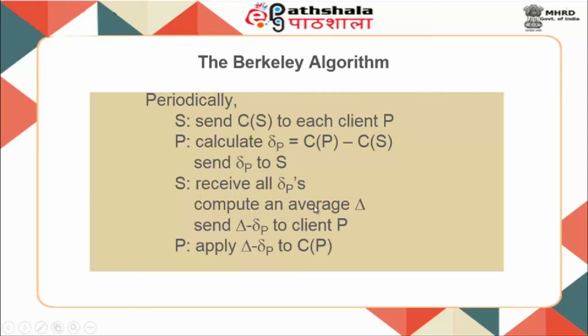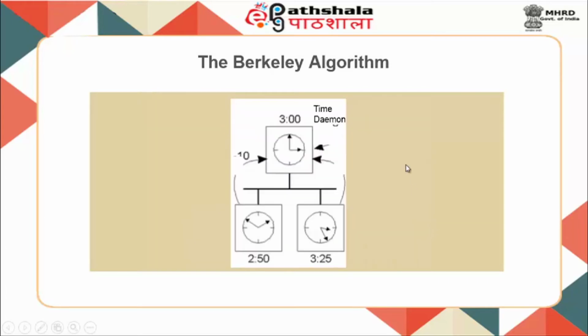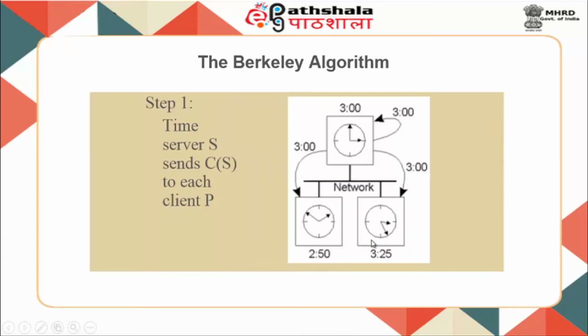The time server computes an average of the deltas, calculates a per-process adjustment, and sends that adjustment to every client, and the clients then hold the adjusted value. Let us look at an example. Here is an example for Berkeley's algorithm, where we have the time server at 3 o'clock, a client process at 2:50, and another client process at 3:25.